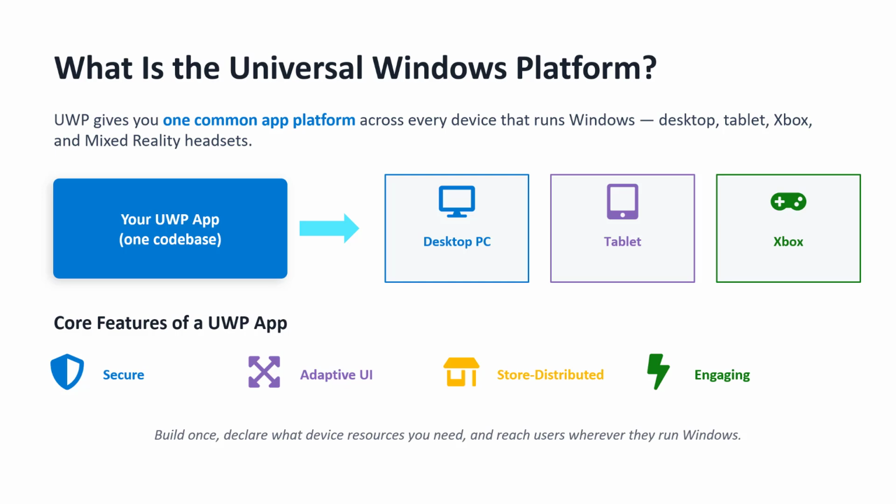And so this is a big deal because before UWP, building for multiple Windows device types often meant maintaining multiple, mostly separate code bases. UWP collapses that down to one app, one code base, targeting a shared set of core APIs. So let's touch on four core features shown at the bottom of the slide.